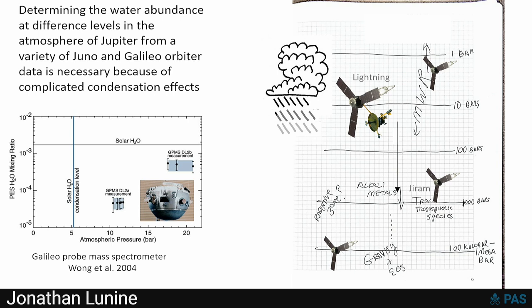And what was thought to be the base of the water cloud is shown by the vertical line for a solar abundance of water. If water were 3 times solar, that vertical line would slide to the right to about 8 bars pressure. And what you see is that between 10 and 12 bars, the Galileo mass spectrometer measured a very low abundance of water.